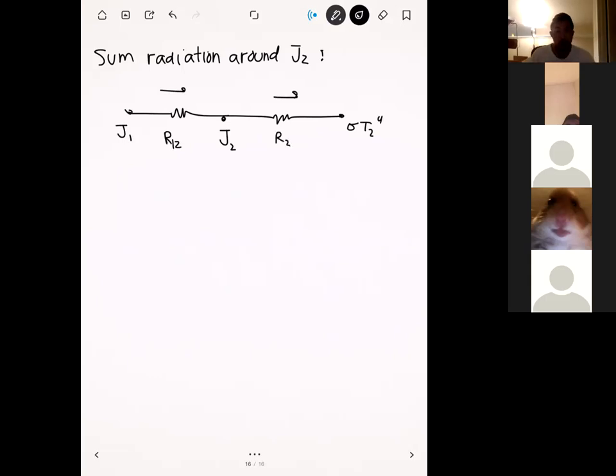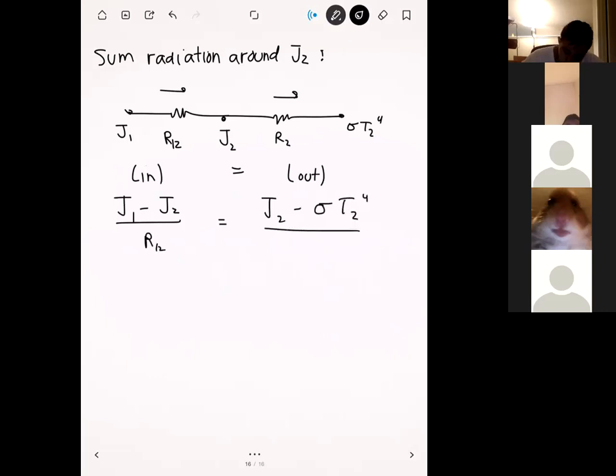Same thing we did before: we're going to take all of the radiation coming in, compare it to all the radiation coming out, and set them equal to each other. Coming into this node, we have (J1 minus J2) divided by R12. Coming out, we're going to have (J2 minus sigma T2 to the fourth) divided by R2.